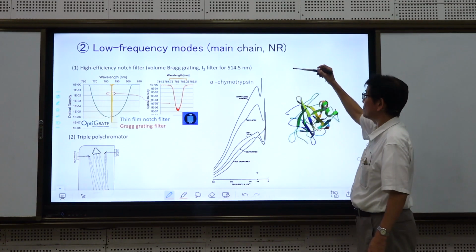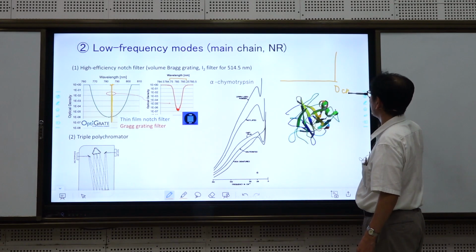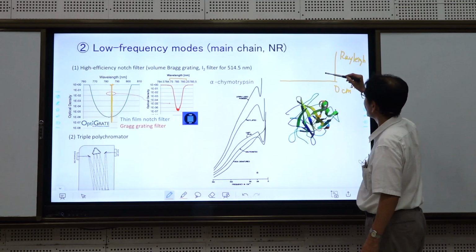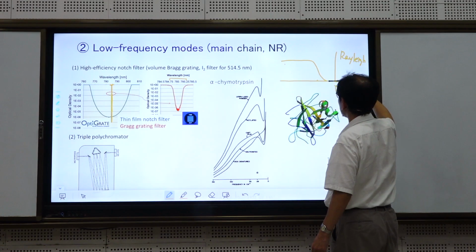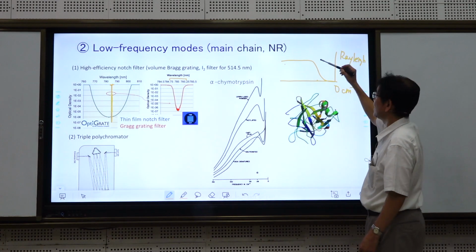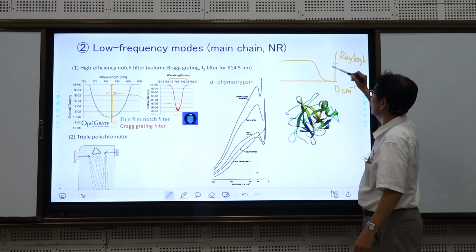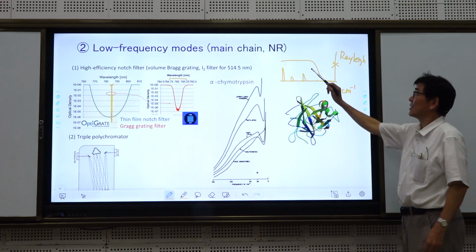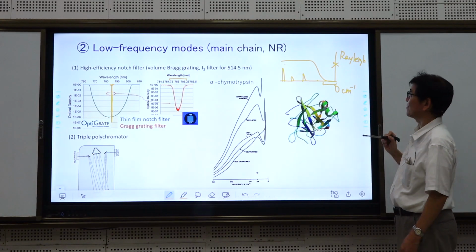This is convenient to focus on the region near the Rayleigh line. Usually we use such a filter, not the expensive one, and this is the transmittance. By using this filter, we can cut the Rayleigh line and find some bands. But as long as we use this filter, we cannot check this region.